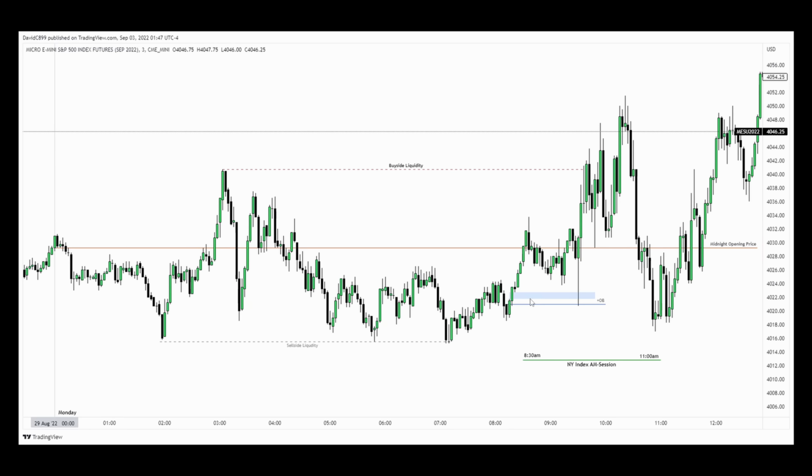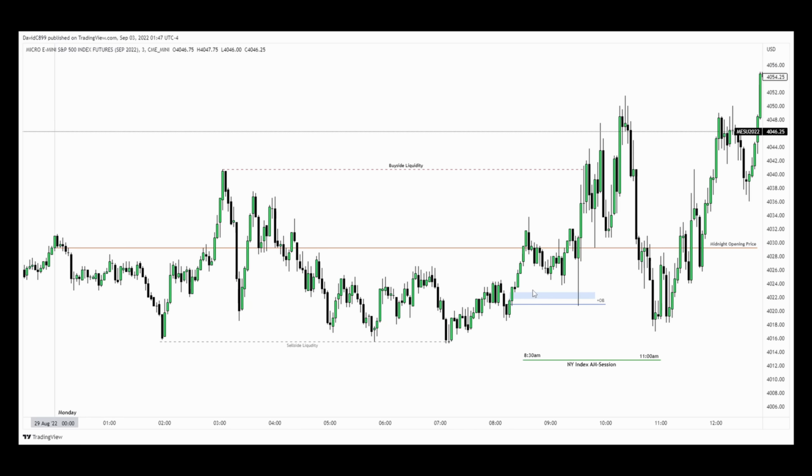Our institutional reference points in this trade are the discount buy side imbalance, sell side inefficiency, also known as BISI, and this bullish order block in here.